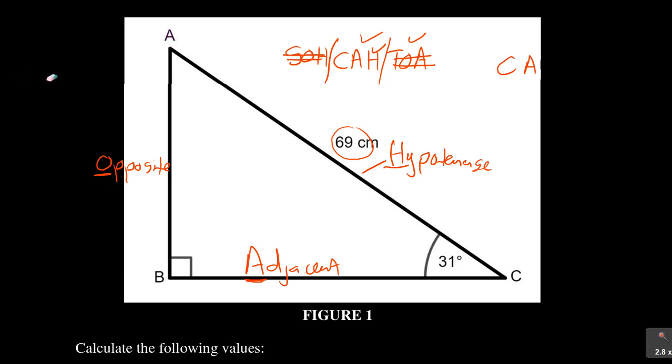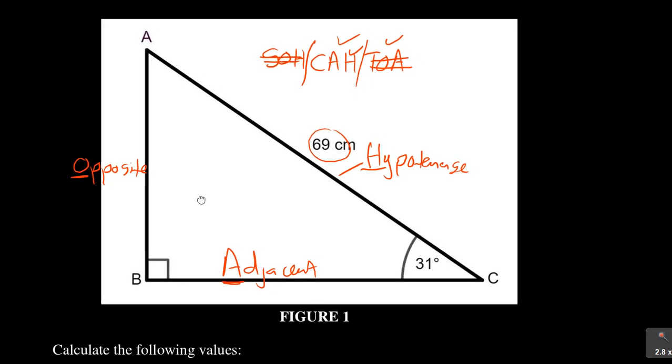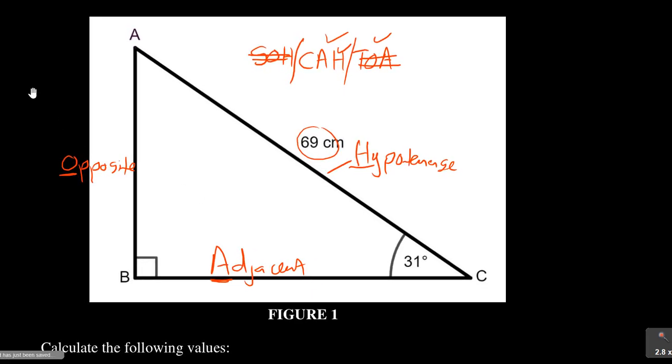Let me write it. I can write it like this. So I'm supposed to use my C, A, and H, but now my CAH, I do that further. So what does it say? Cos theta is equal to adjacent over hypotenuse.